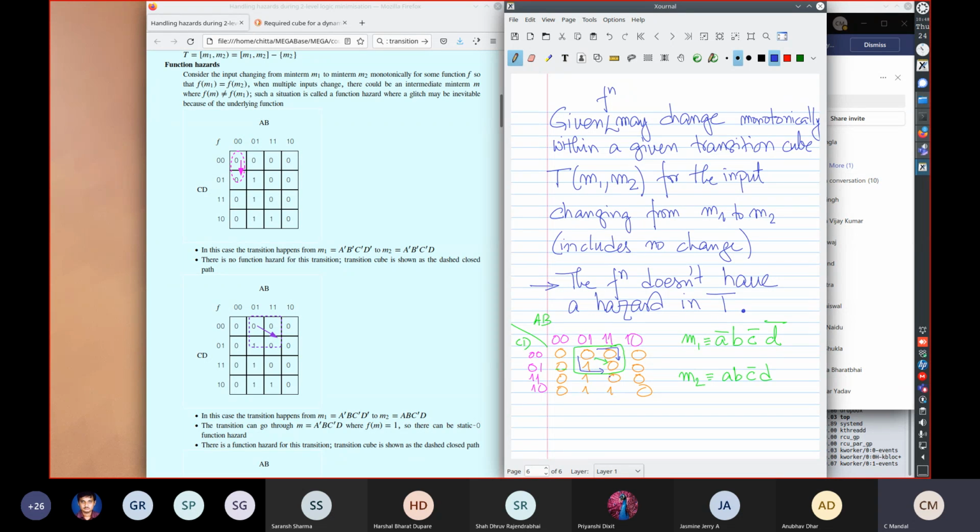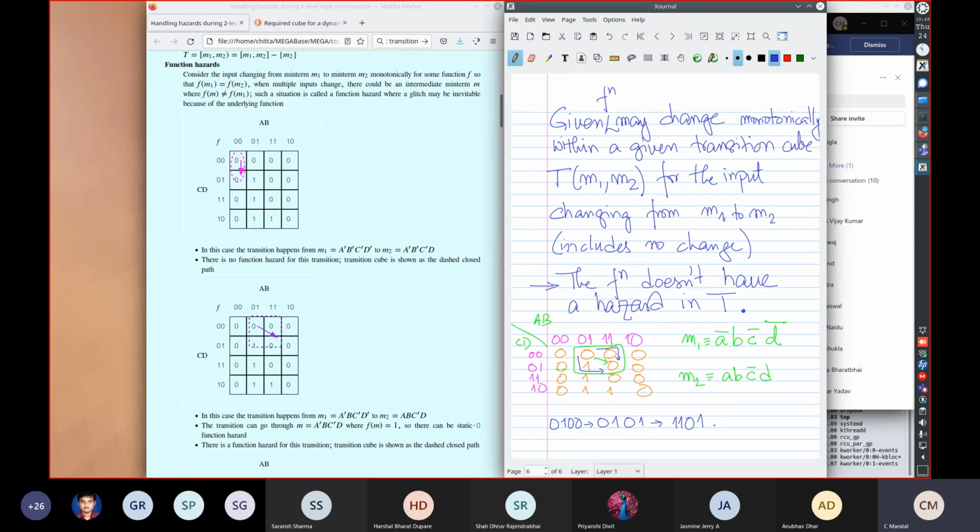Now, when you change this way, that means your input is changing from 0, 1, 0, 0 to 0, 1, 0, 1 to 1, 1, 0, 1.